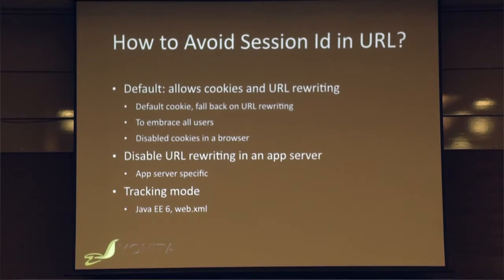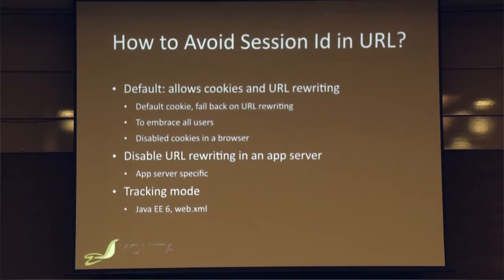The default behavior of a Java web application is that it allows cookies as well as URL rewriting. So session ID in URL. Cookies are the first choice, but an application falls back to URL rewriting in case cookies are disabled in a browser. There are two options to disable URL rewriting.